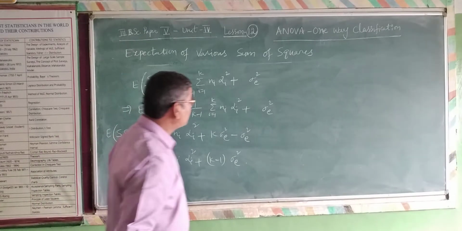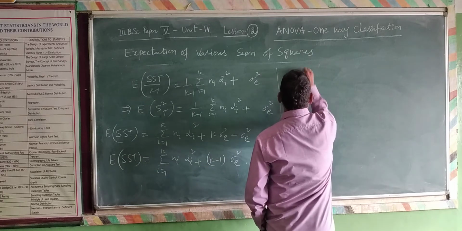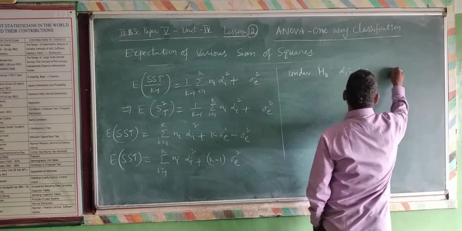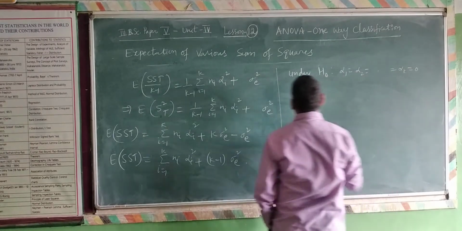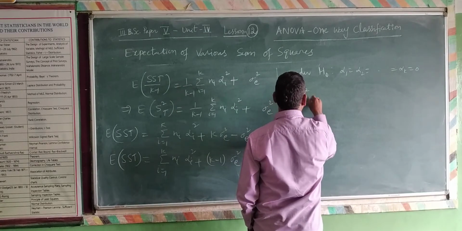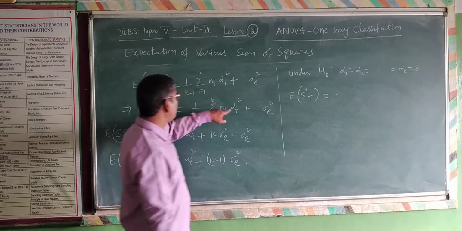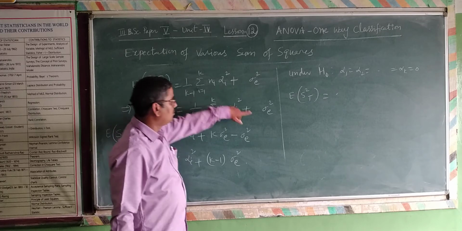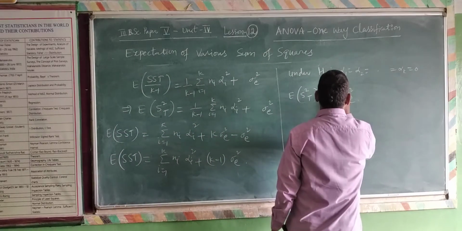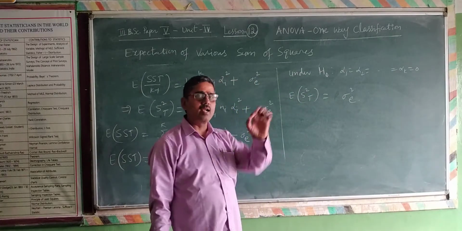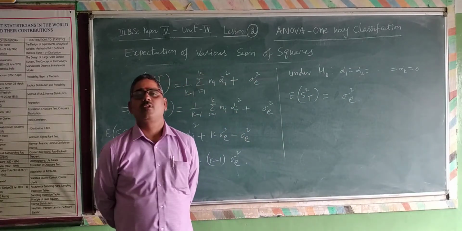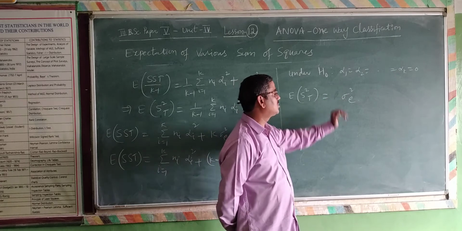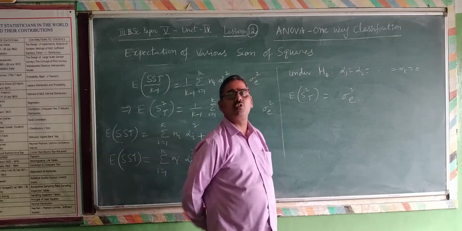So under the null hypothesis H naught, what you will get is expectation of S_t squared equal to, since all alpha values are 0, this term is 0, therefore it is equal to sigma_e squared. This value is provided under the null hypothesis H naught only. Under H naught, expectation of mean sum of squares due to the treatments is equal to sigma_e squared. That is, expectation of S_t squared is equal to sigma_e squared.